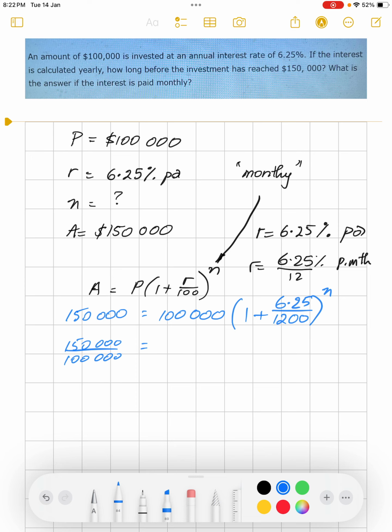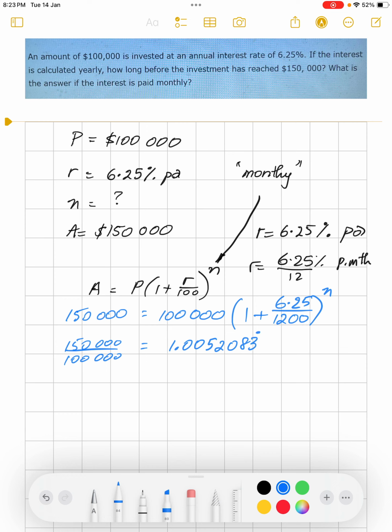I've got my iPhone. I'll put my calculator on. 6.25 divided by 1200, and that is plus 1. So it's 1.005208. Well, is that 3 recurring?